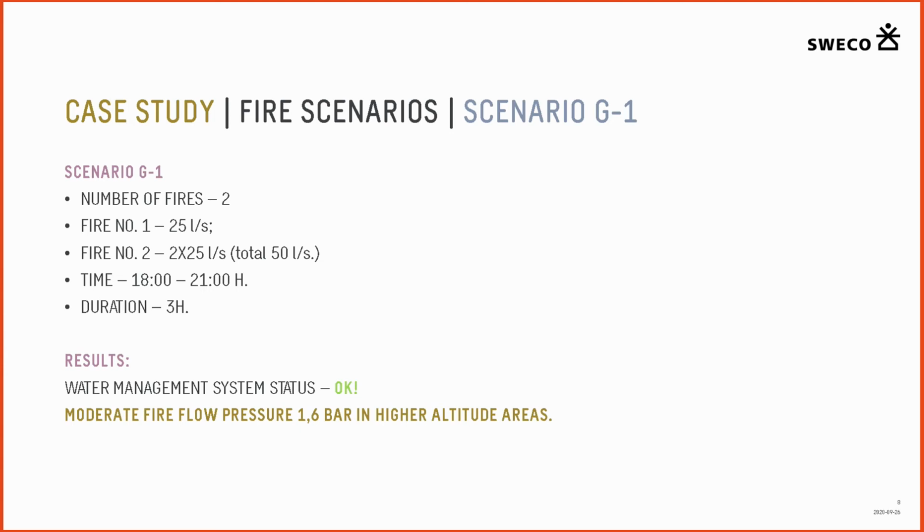And now let's jump to fire scenario number 1, G1. So for the first fire, the demand of water is 25 liters per second, and fire number 2 is 2 hydrants at 25 liters per second. So in total we have 50 liters per second.